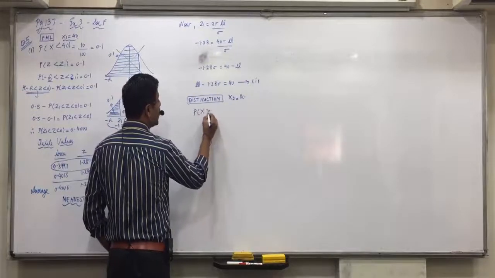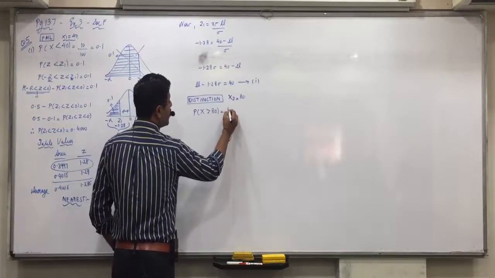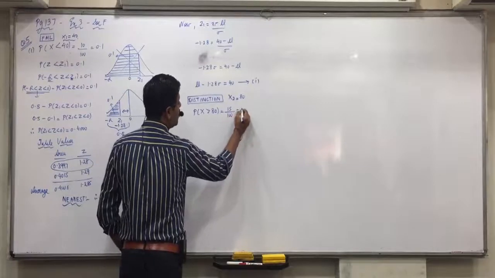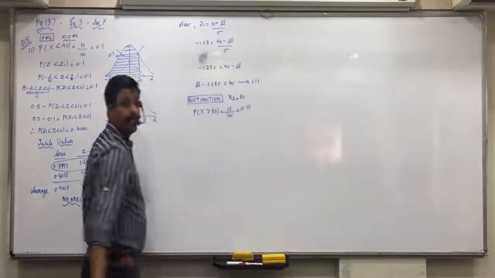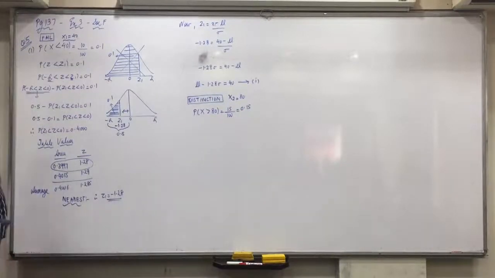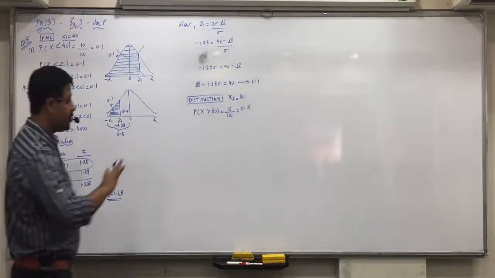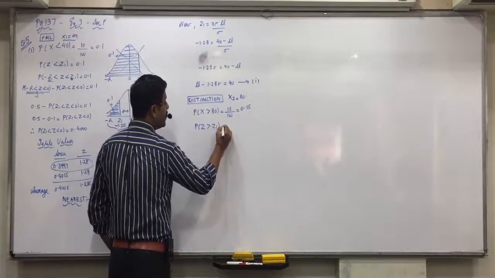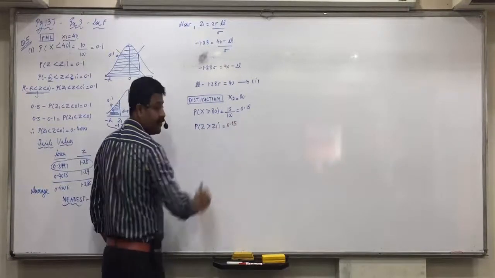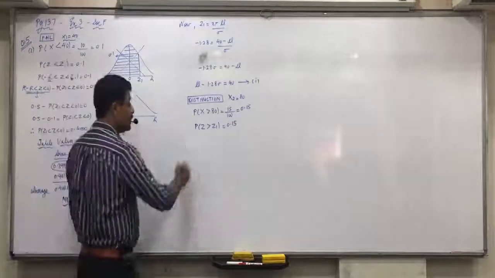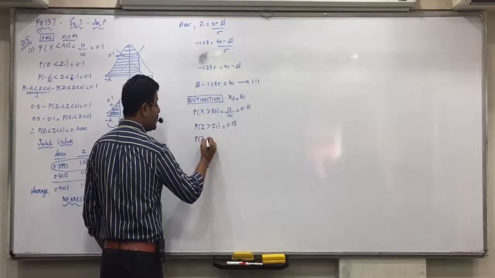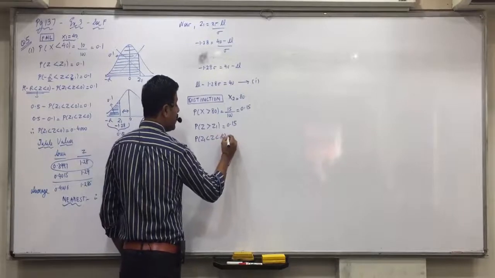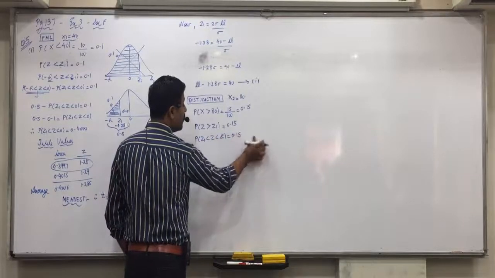P of x more than 80, 15 by 100, 0.15. Whosoever is getting more than 80 marks will get distinction. Did you understand this? Straight away convert into Z. P of Z greater than Z1 is 0.15. The greater than means it goes till infinity. Z1 less than Z less than infinity is 0.15.